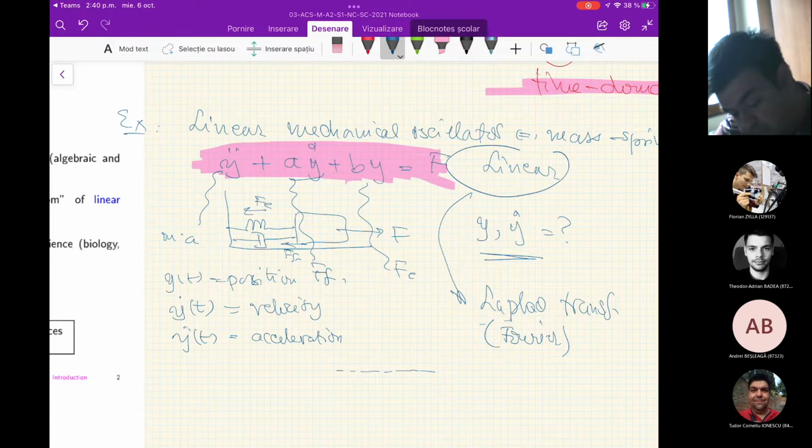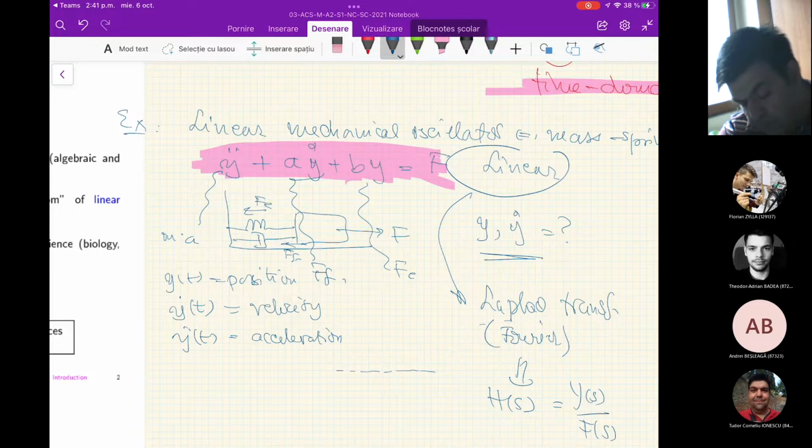But essentially, when you apply Laplace, you get the so-called transfer function of this mechanical system, from the input f to the position y.